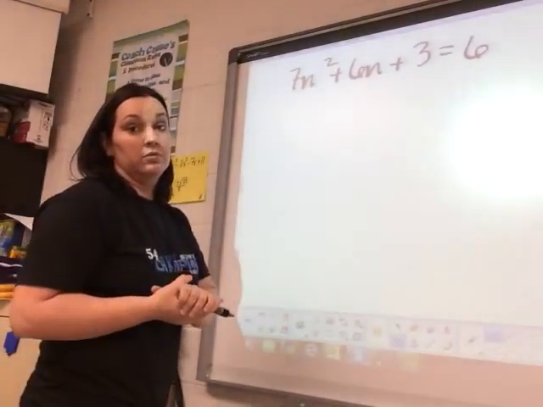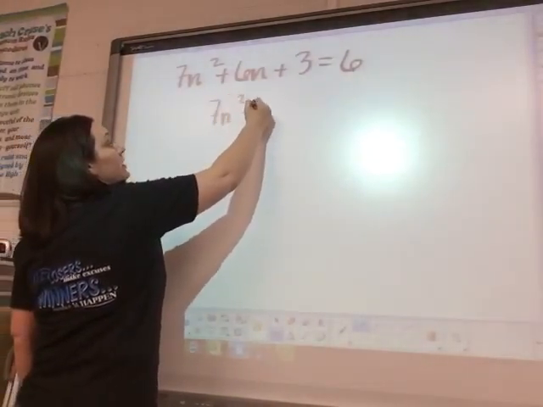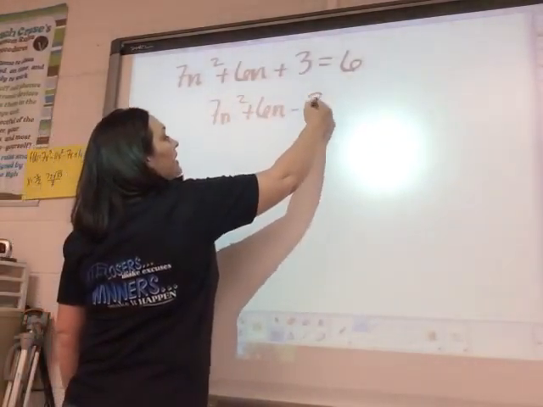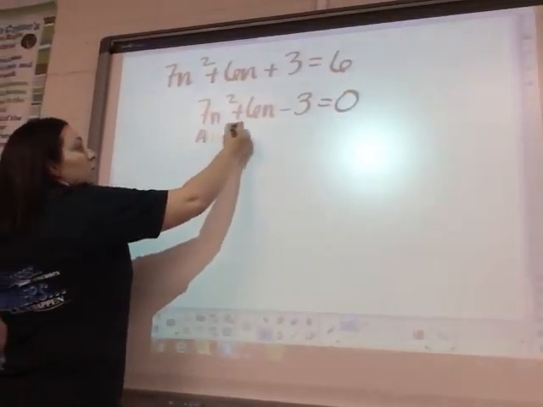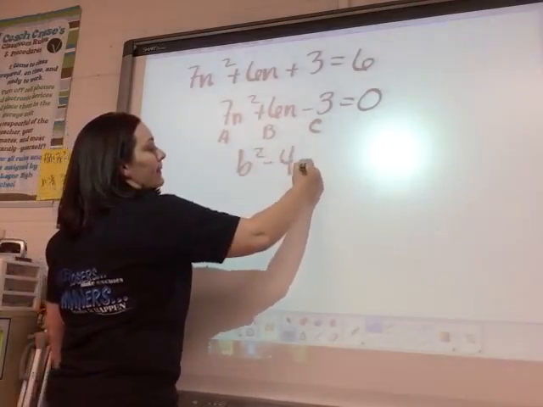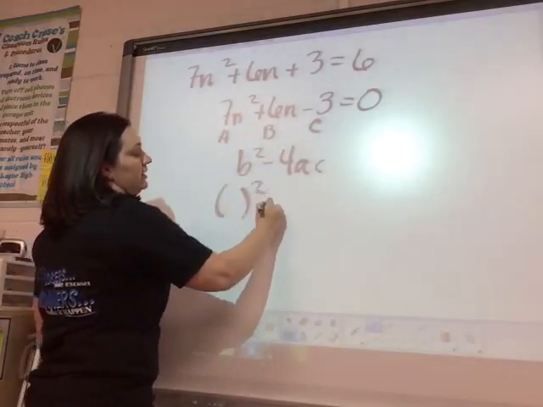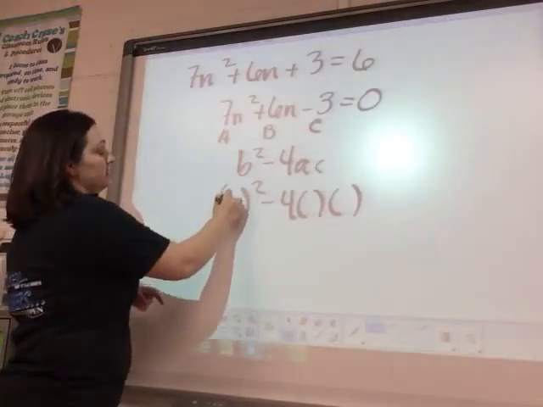One last example. Subtract your 6 from both sides to get 7n squared plus 6n minus 3 equal to 0. Label. Formula. Plug in your appropriate values. In place of b is 6.